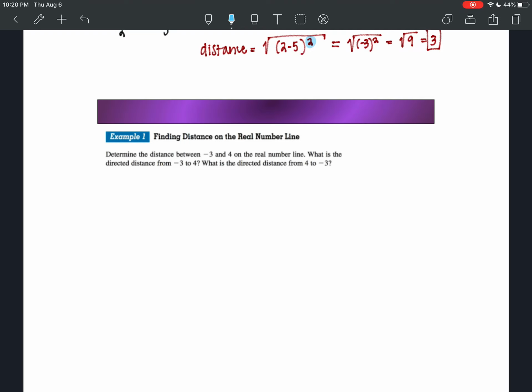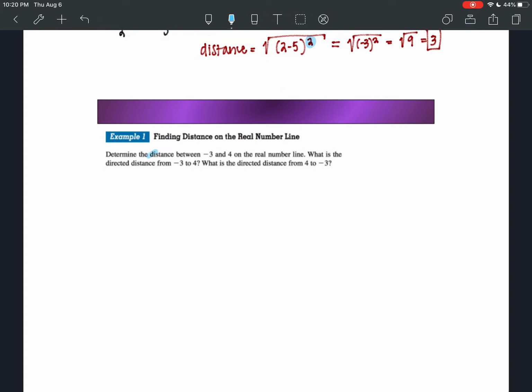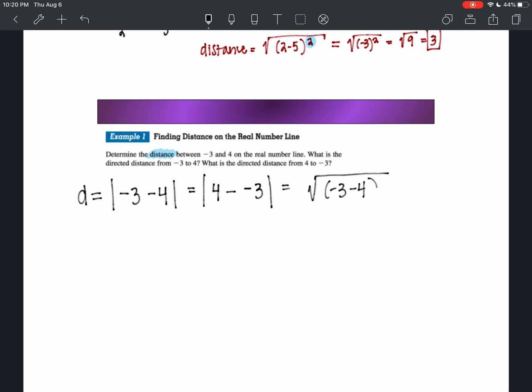So we've got the distance between -3 and 4 on the number line. Now it just says distance. So distance is always positive. So the distance between -3 and 4, that distance is equal to the absolute value of -3 minus 4, or we could say the absolute value of 4 minus -3, or we could say the square root of -3 minus 4 quantity squared.